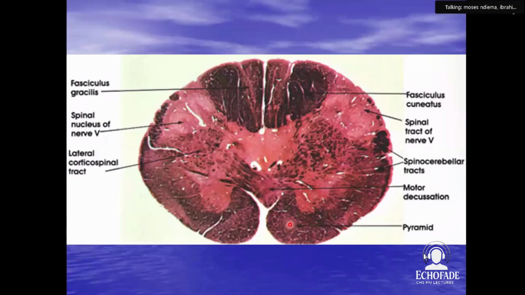We also have very important fibers carrying sensation from the head region, crossing over from the opposite side, and those we refer to as the spinal lemniscus. So we need to note that we have fibers crossing over, both sensory and motor.